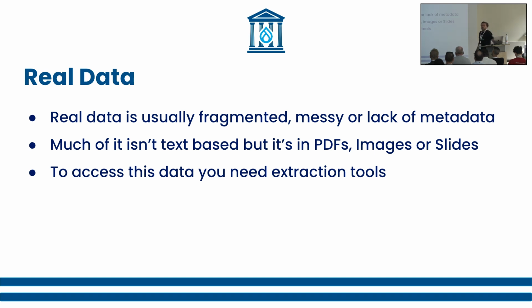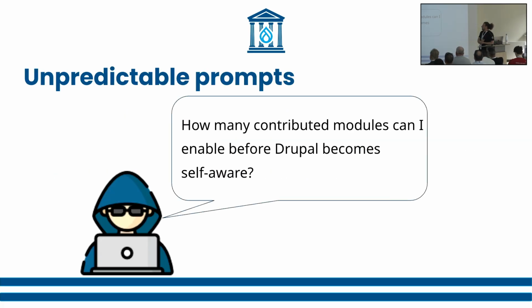At that point, you need some extraction tools to get the content from images and PDF, take it out, convert it into text, and then embed it. There are other tools like CLIP that can do multimodal. Then, again, we need to think about the unpredictable prompts from the user, and we need to add some guardrails, something that will tell the LLM to stay within the internal knowledge.